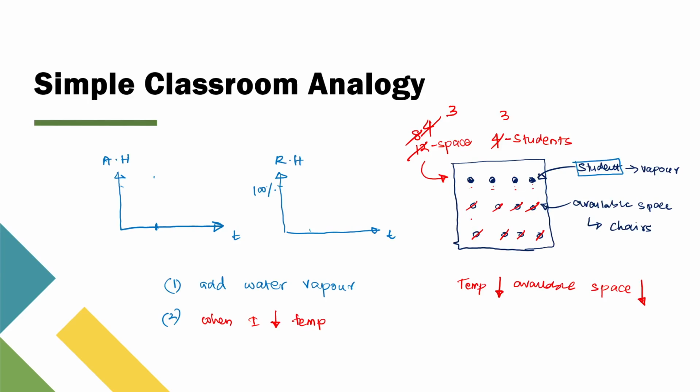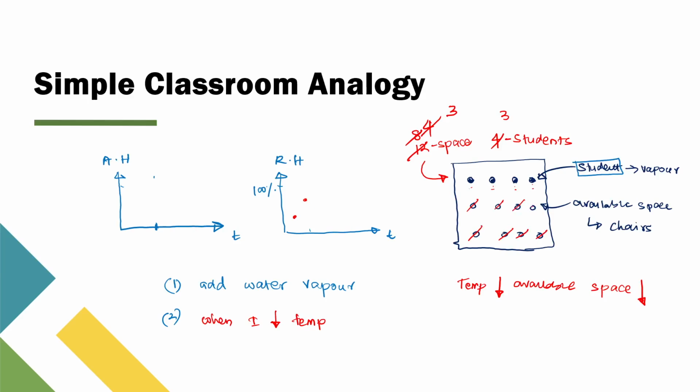Earlier, before I removed the chairs, the RH was how much? 1/3, 33%. So RH is 33%. When I remove this set of chairs, RH becomes 50%.